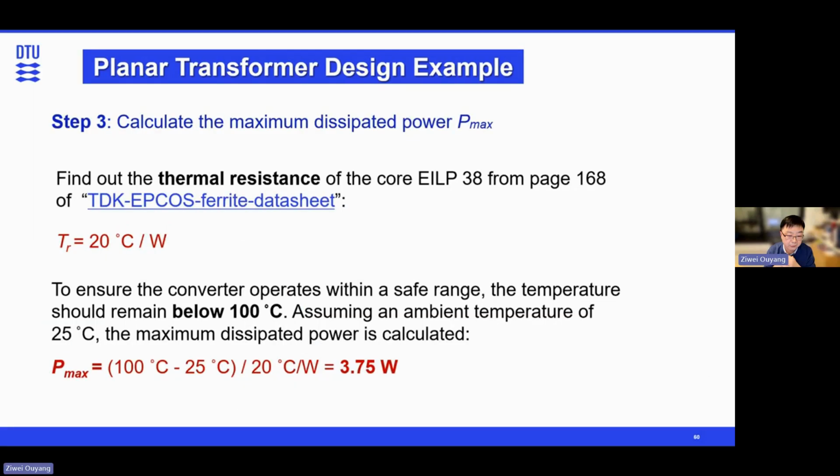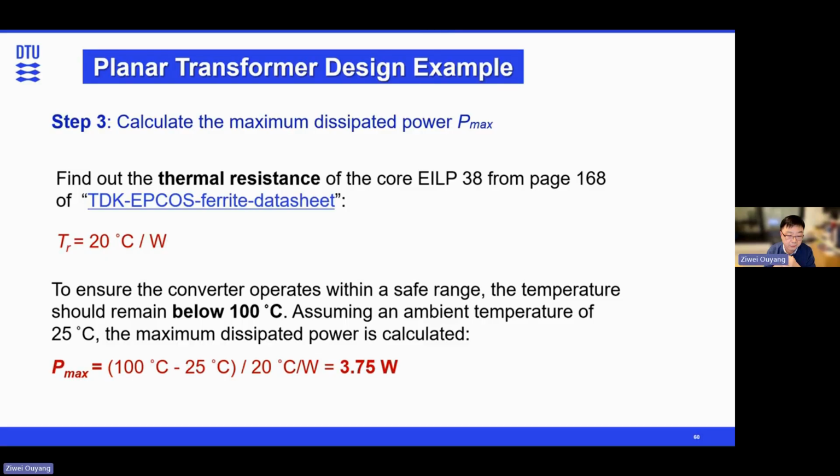So step 3, we're still using the data book. We can also find the thermal resistance for this core, EIRP38, and it is 20 degrees Celsius per watt. Normally we operate our converter or transformer below 100 degrees.